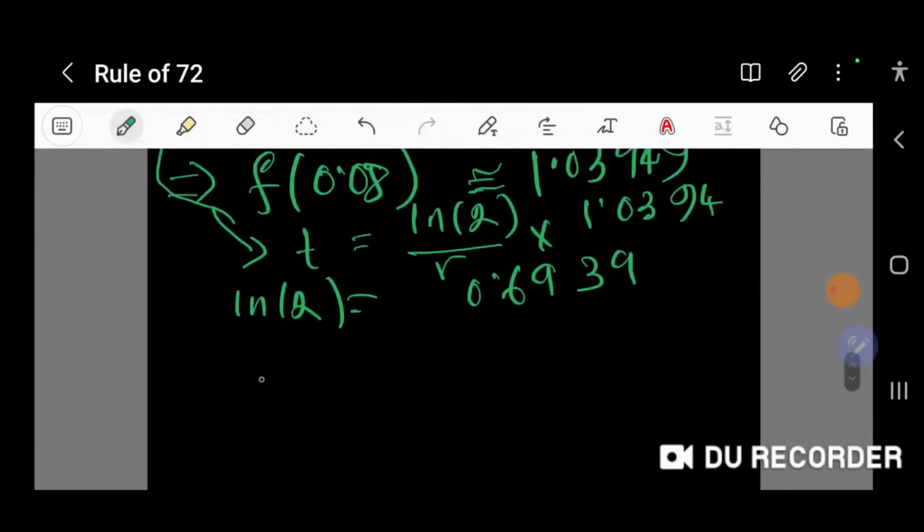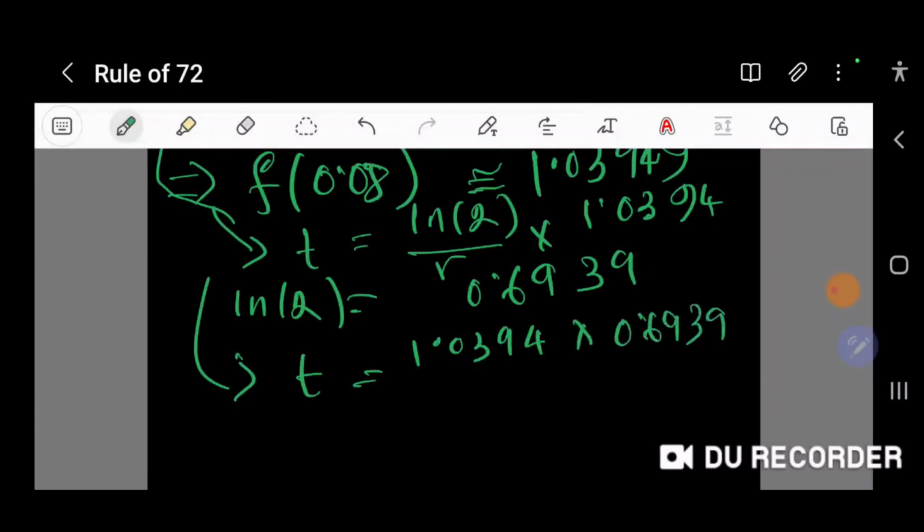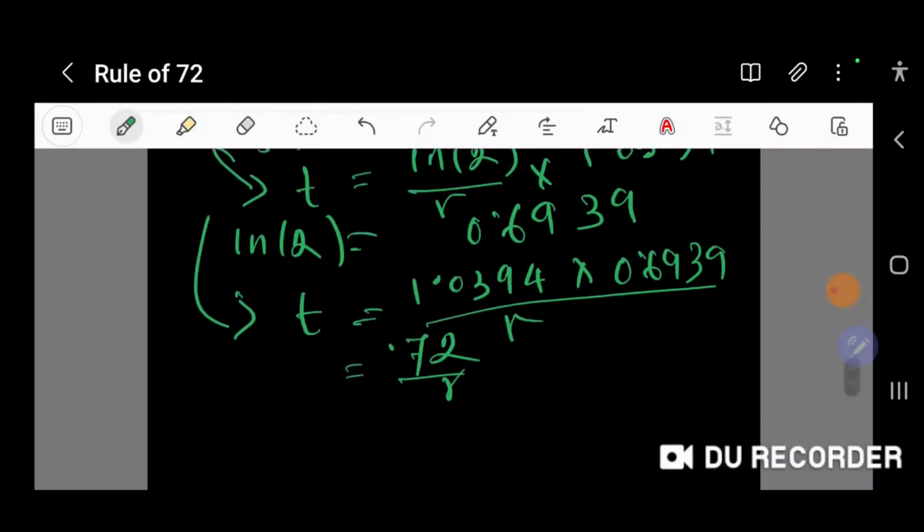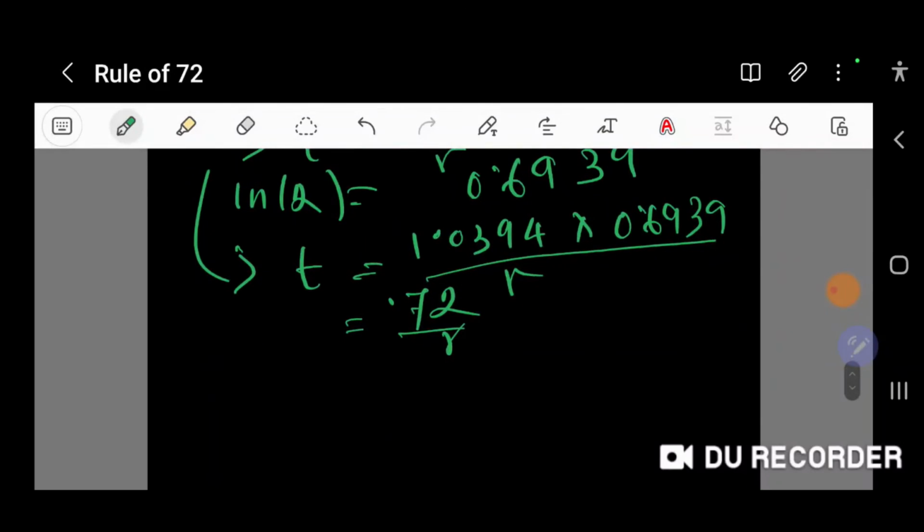Then T becomes 1.0394 multiplied by 0.6939 divided by R, which is equal to 0.72 divided by R. And R we are taking basically as a percentage amount.